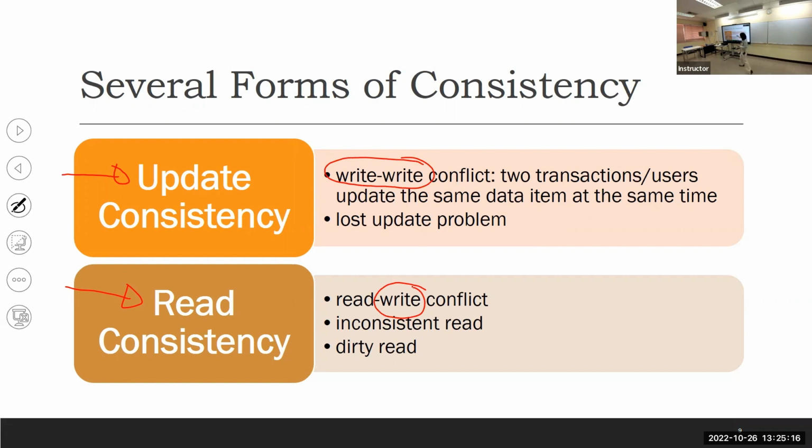Why? Even with a single write, there could be a read-write conflict. I'm reading something while you are updating the same thing. For example, I'm checking the price of the product, but you are the admin of the company, and you are updating that product's price.